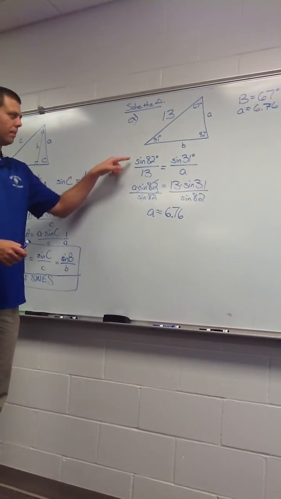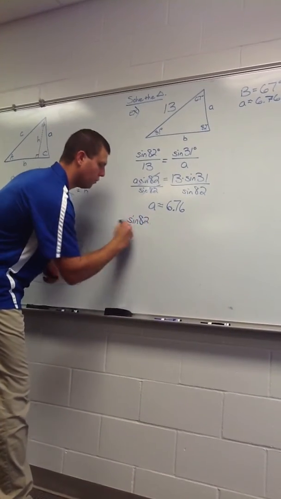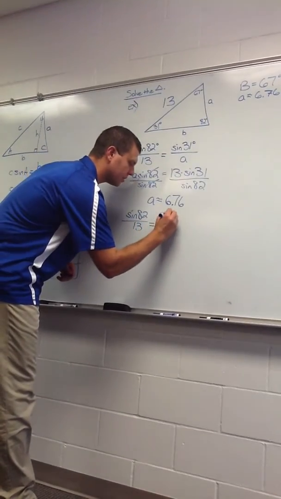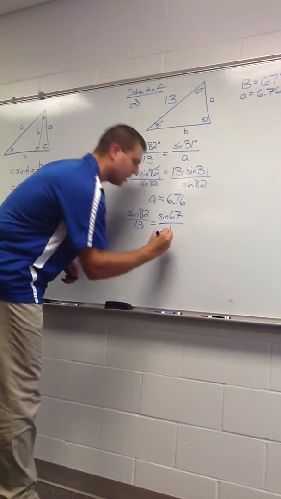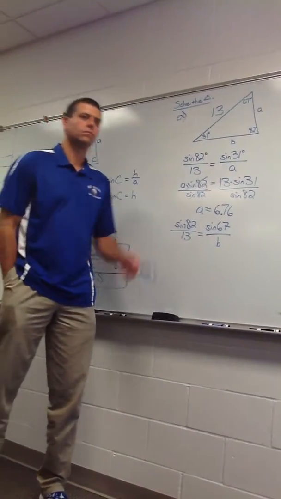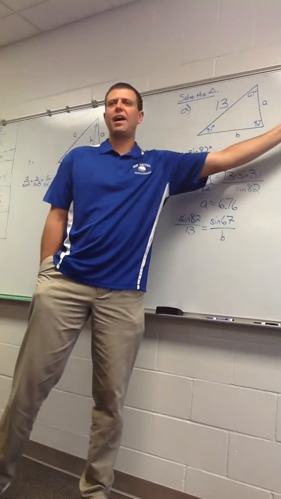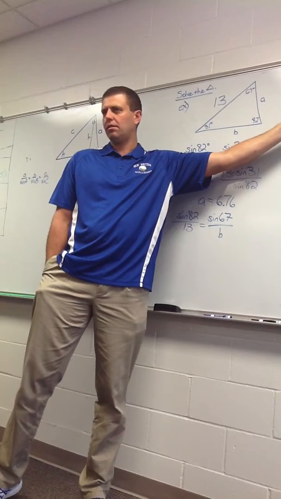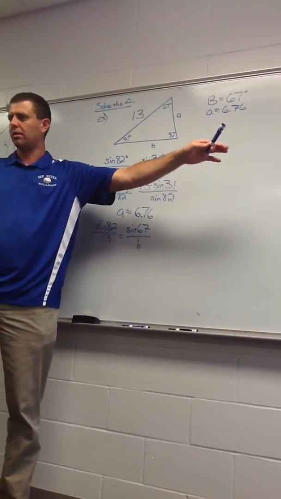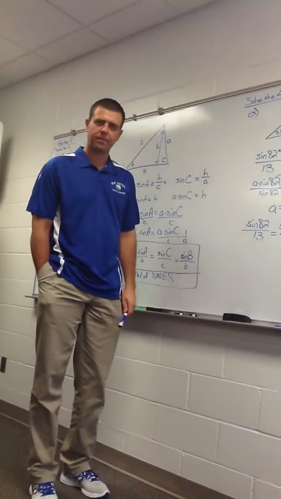So I would set up, again, sine of 82 over 13 equals the sine of 67 over b. If you want to use A's value instead, just use the whole decimal that's on your calculator so you can be accurate. But I would try to avoid that and just use what is already given.